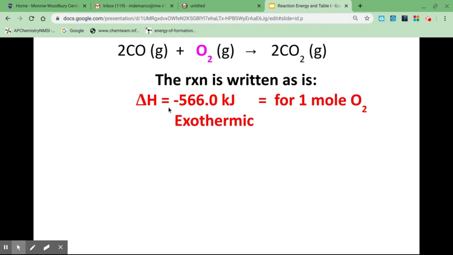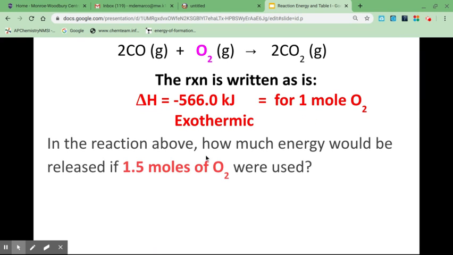And the negative 566 is for when 1 mole of O2 reacts. And that's why it's exothermic. Well, the question said we have 1.5 moles. So I can set up a proportion based upon what table I tells me and what the question is asking.